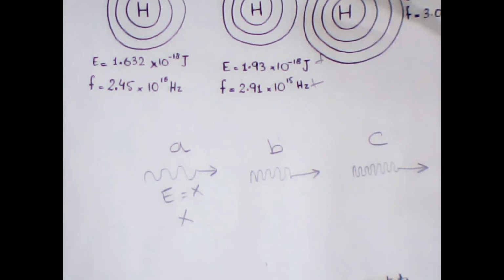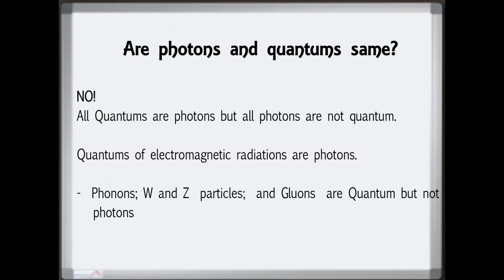Now, one important question still remains unanswered: are photons and quanta the same? No. Photons and quanta are not the same. There's a little bit of confusion in this concept. All photons are quanta, but not all quanta are photons. The quanta of electromagnetic radiation are always photons.